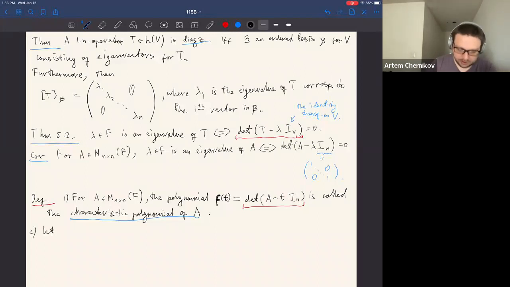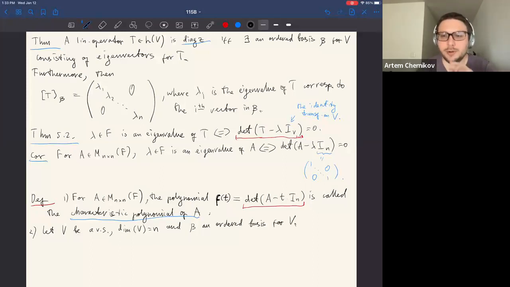Let V be a vector space of some finite dimension n, and we take beta to be an ordered basis for V, and assume that T is a linear operator on V. Now we want to define the characteristic polynomial of a linear operator.